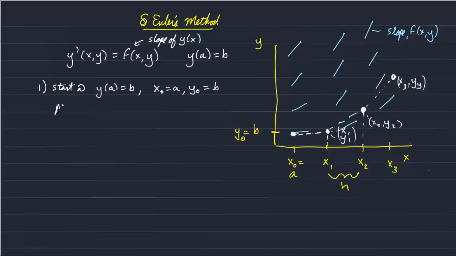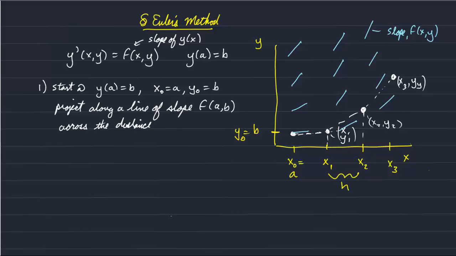And then we're going to project along a line of slope f evaluated at point A and point B. And we're going to project across a distance in x of, say, delta x is equal to h.